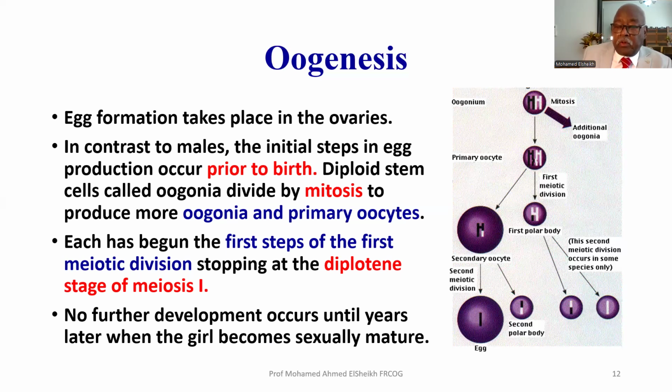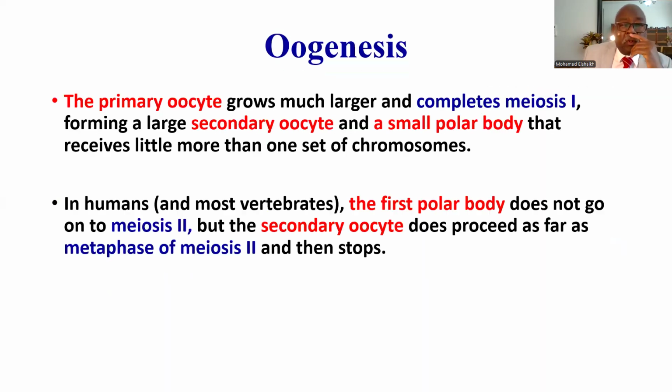No further development occurs until later when the girl becomes sexually active. So the primary oocyte grows much larger and completes meiosis one, forming a large secondary oocyte and a small polar body that receives little more than one set of chromosomes.